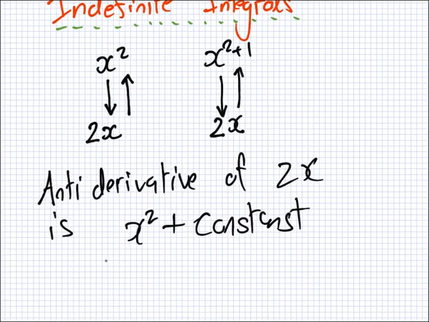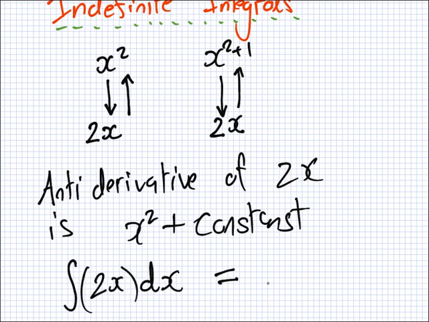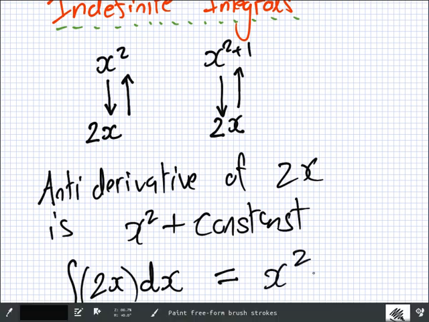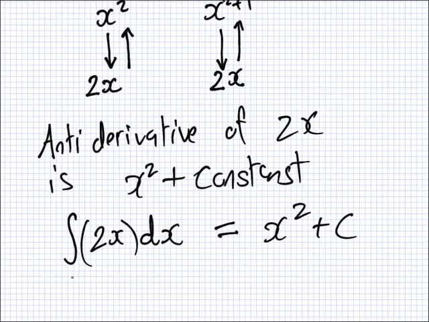The symbol to calculate the antiderivative is this symbol. This means what is the antiderivative of 2x? And the answer here was x squared plus c. This is also called the integral. The integral is another word for antiderivative.